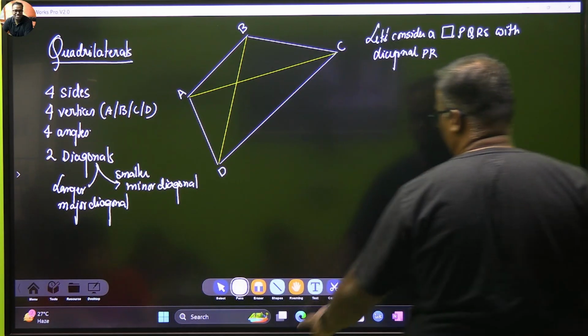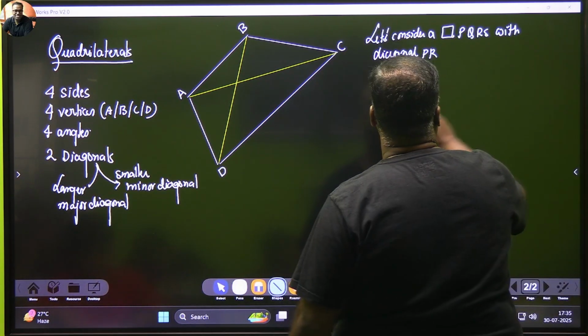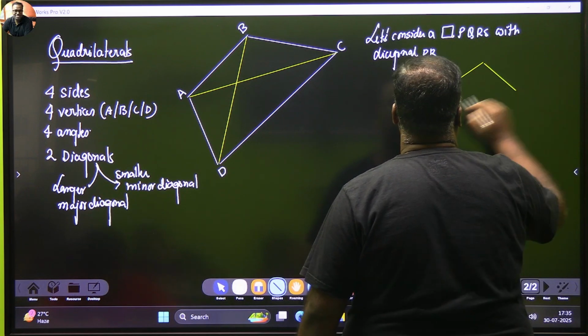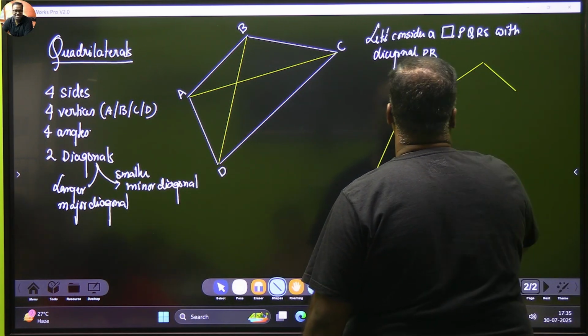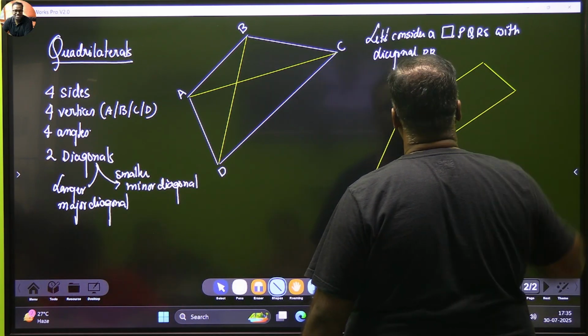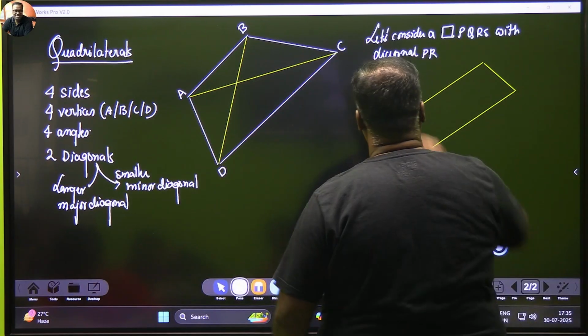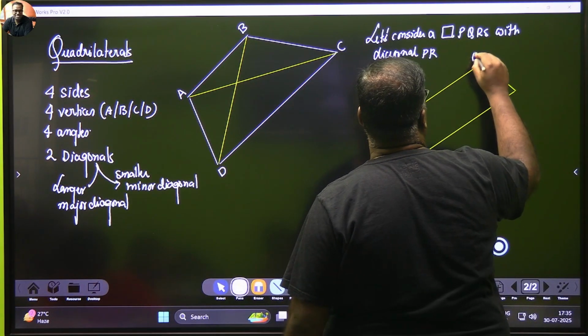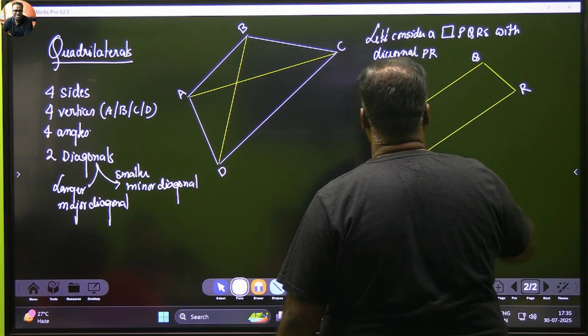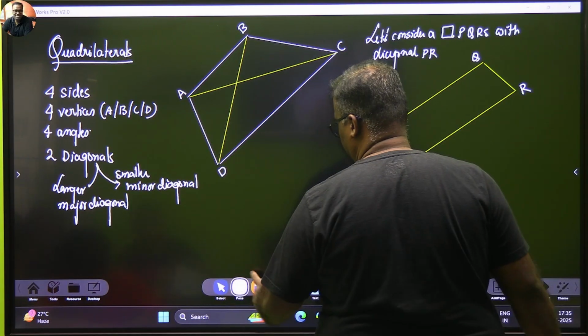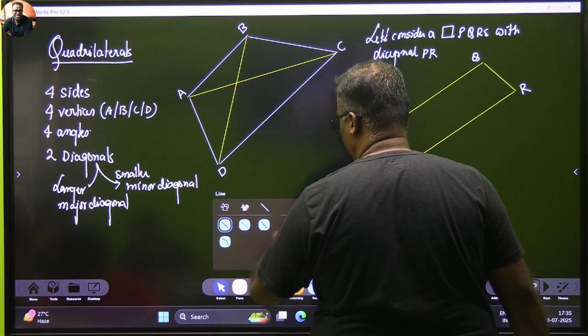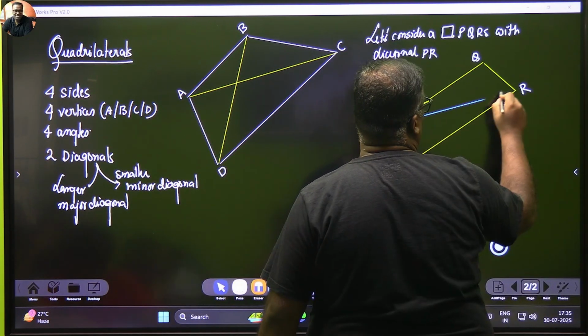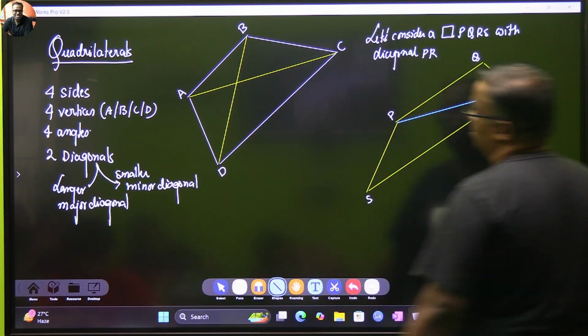I'm just considering one diagonal. Take your time. Till that time, let me make my quadrilateral. So this is a quadrilateral. I'm naming it as P, Q, R, and S. And I'm taking my diagonal only as PR. So PR is my diagonal.